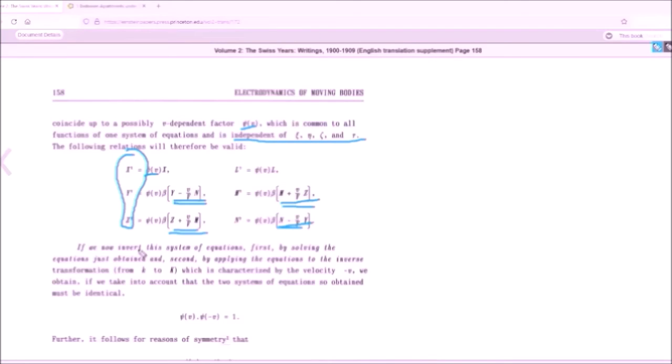If we now invert the system of equations, first by solving the equations just obtained, and second by applying the equations to the inverse transformation from small k to capital K, which is characterized by the velocity minus v, we obtain, if we take into account that the two systems of equations so obtained must be identical.